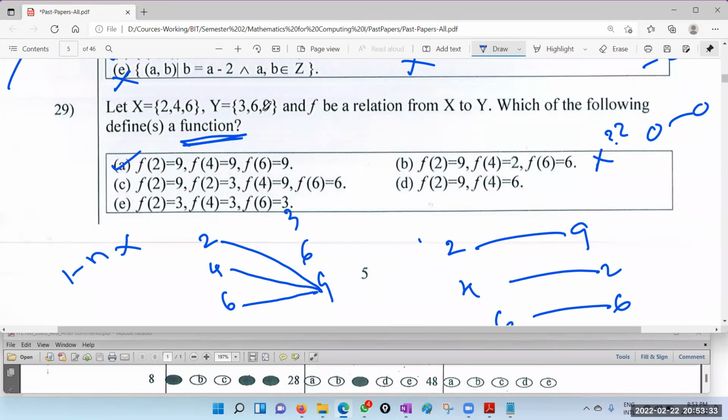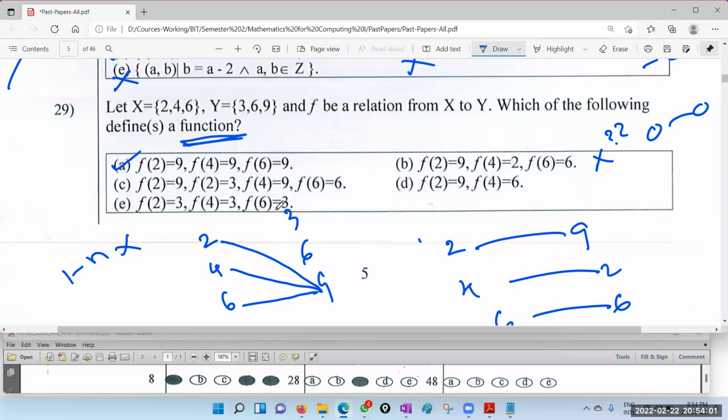Usually the definition says all your domain values must be mapped. There can't be any orphan values, and it must be 1 to 1 or many to 1. The others are not violated, but this 4 is mapped to 2, which is not there. So therefore I will not take it, but it can be debatable.